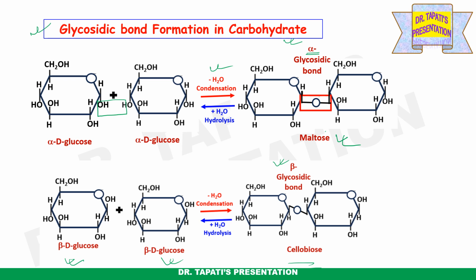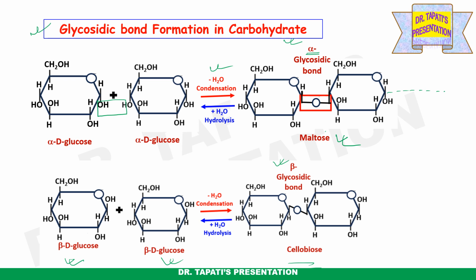In a similar way for the polysaccharide, n number of glucose is present in case of starch. In starch molecule, alpha glycosidic bond is present because it is composed of repeating units of alpha D glucose. Whereas cellulose is composed of repeating units of beta D glucose, and therefore beta glycosidic bond is present.